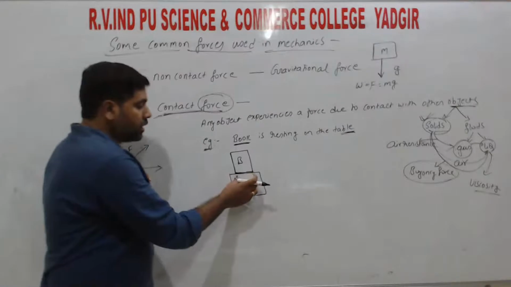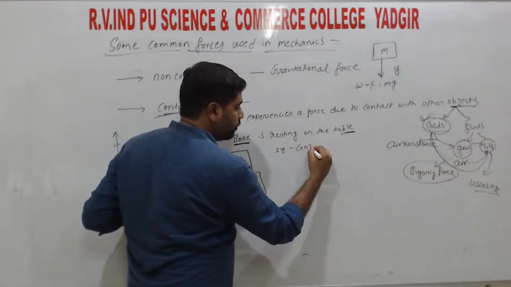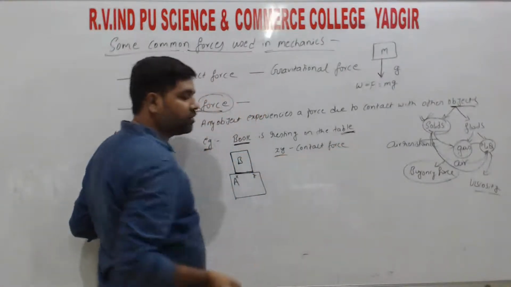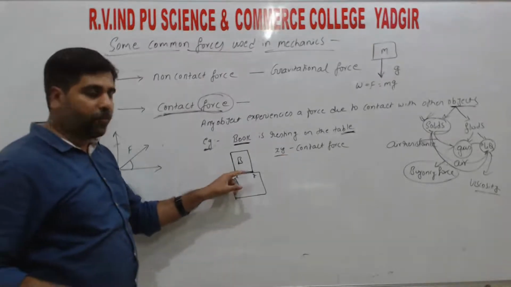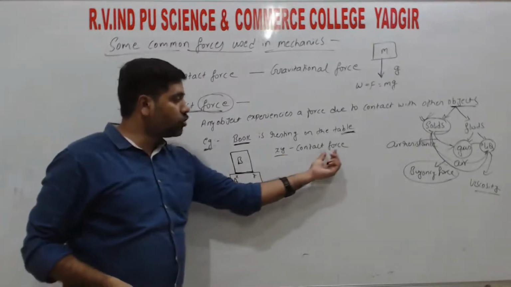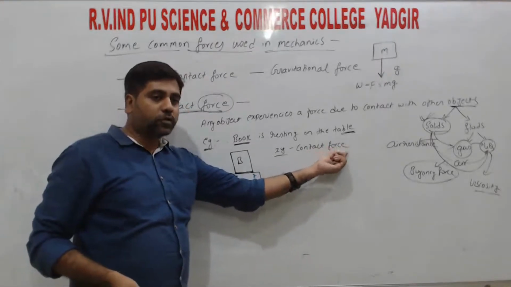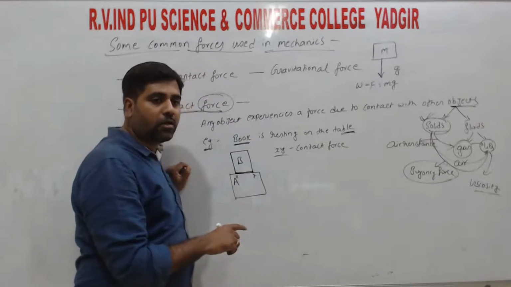So xy is the region of contact between the two objects A and B. In this region a force exists, and that force we call a contact force. This force we can resolve into two components, one along the horizontal and one along the vertical.